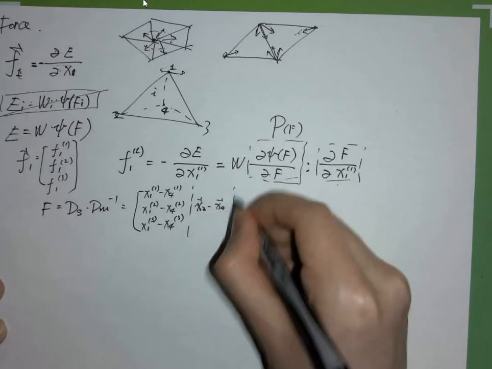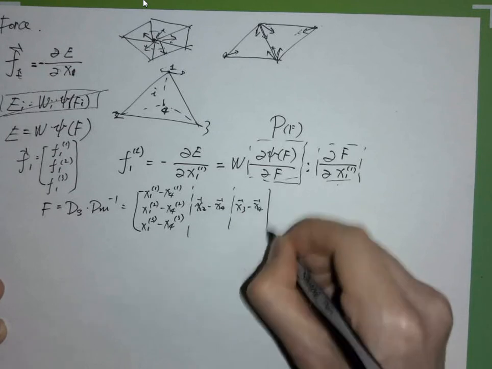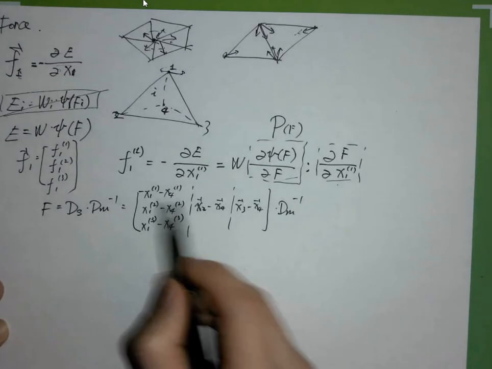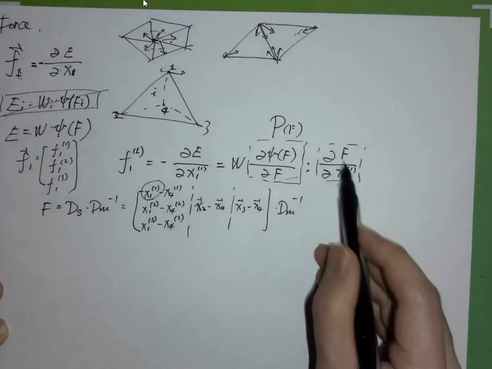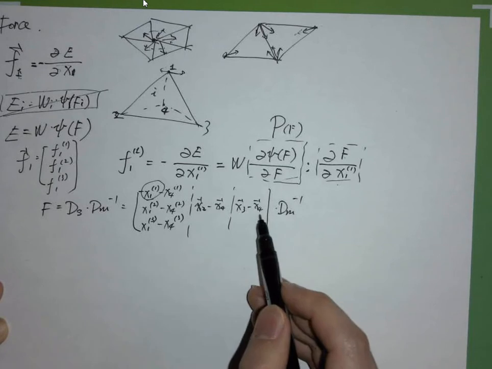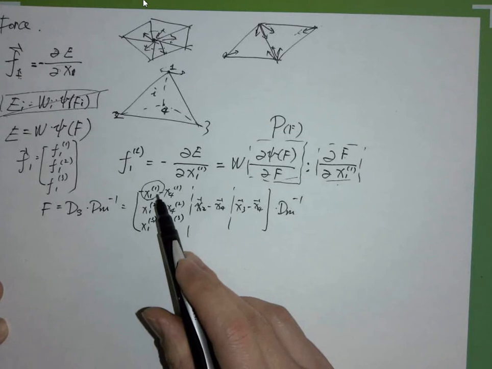And the third column is x3 minus x4, multiplied by a constant matrix Dm inverse. Here, only x11 is moving, because I'm only considering df/dx11. We can think all of the other guys are constant. They're not relevant to x11. All right. So what does this mean?